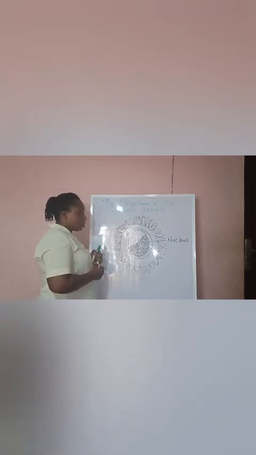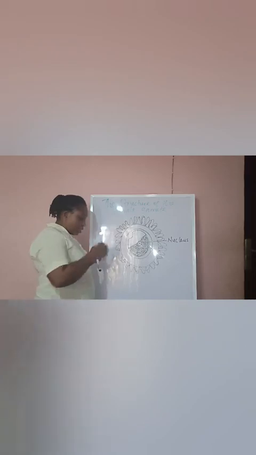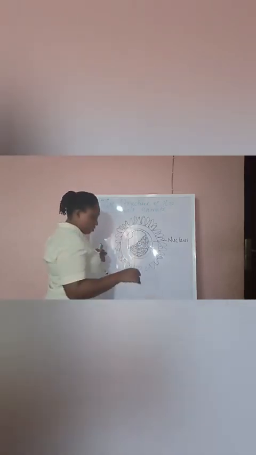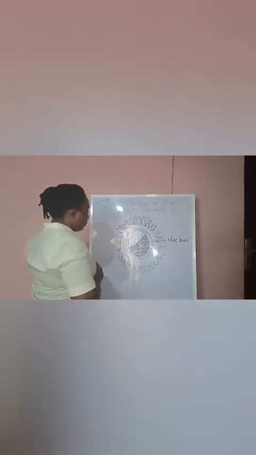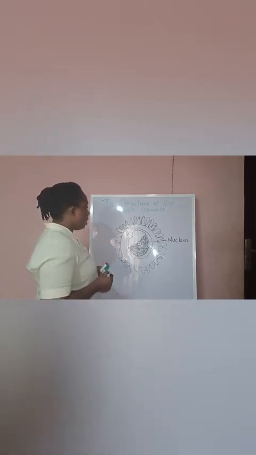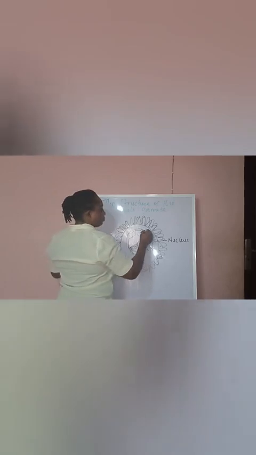And this nucleus has a central core, which is the germinal vesicle. And the germinal disc is present there. So we have the cytoplasm.